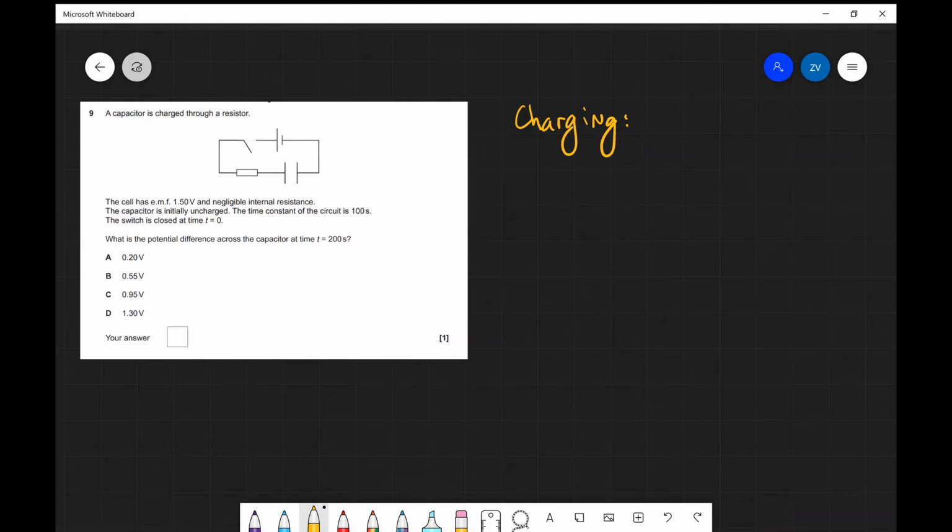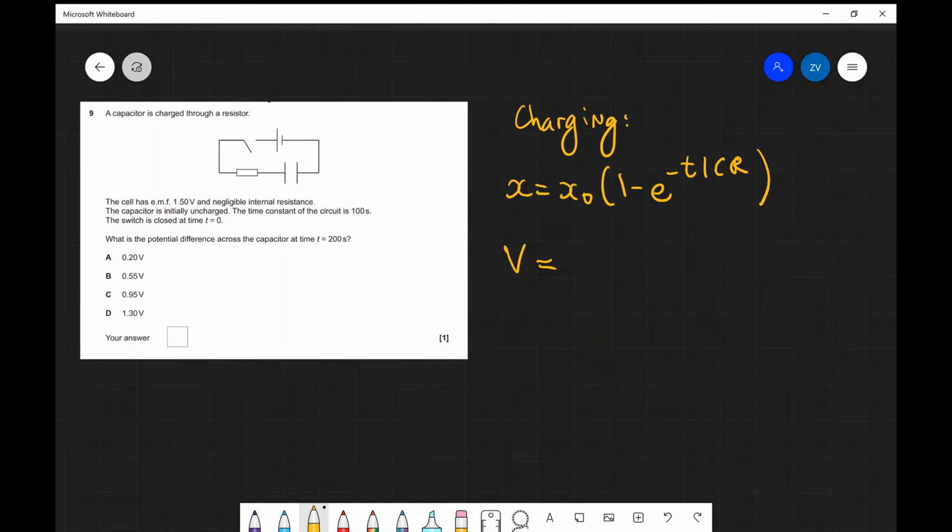Okay, well, if we go to the formula sheet, we're going to find a formula which looks like this. X is equal to x naught times 1 minus e to the power of minus t over CR. Now this over here is the formula for the charging of a capacitor.